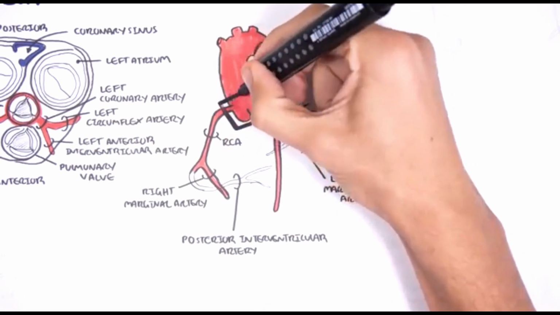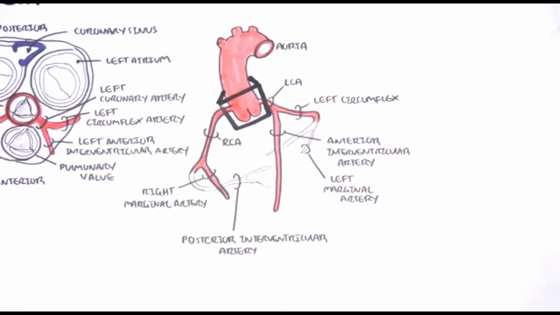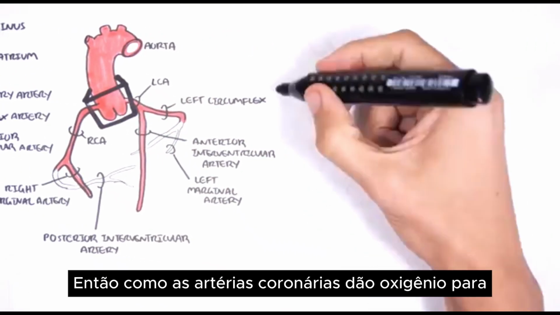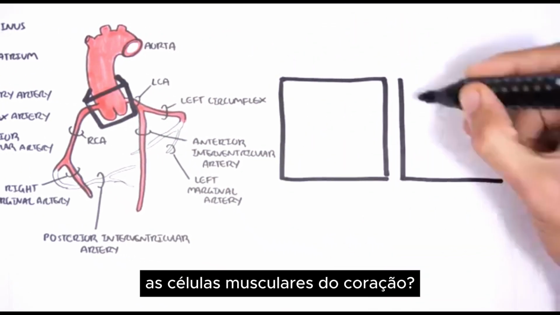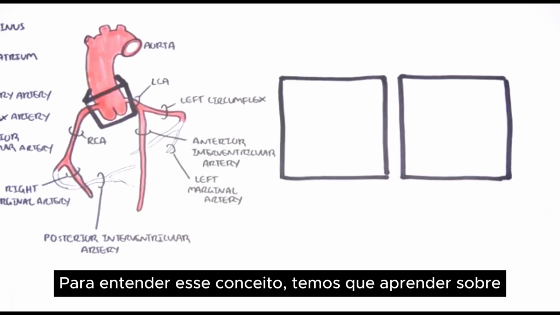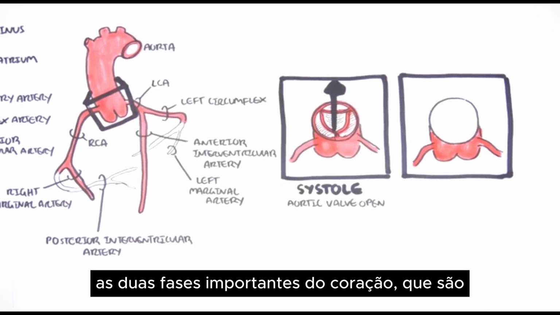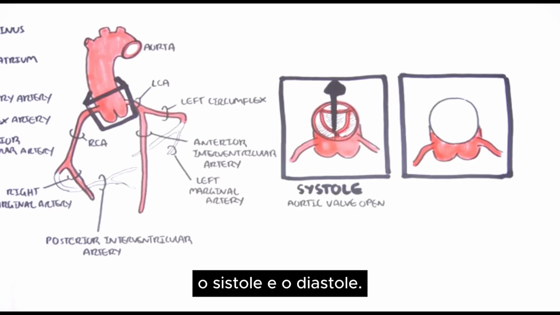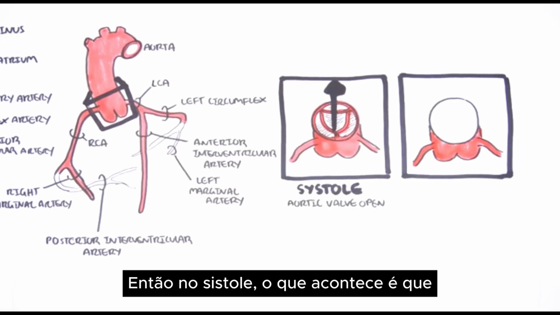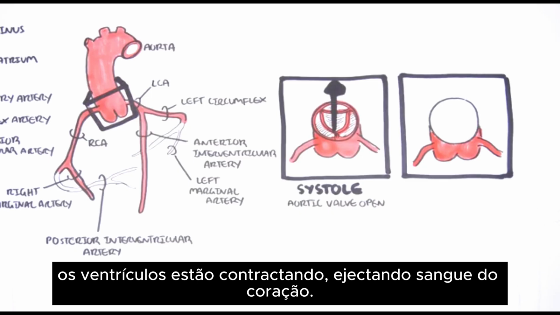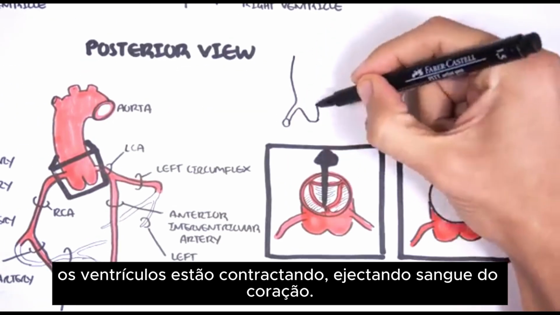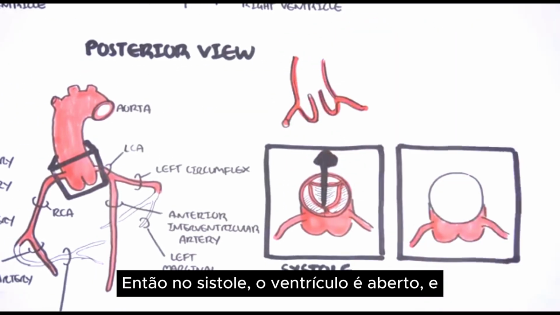So how do the coronary arteries give oxygen to the heart muscle cells? In order to understand this concept, we have to learn about the two important phases of the heart, which are systole and diastole. So in systole, what happens is the ventricles are contracting, ejecting blood out of the heart. So in systole, your aortic valve is open, and you can imagine the heart is ejecting blood out.